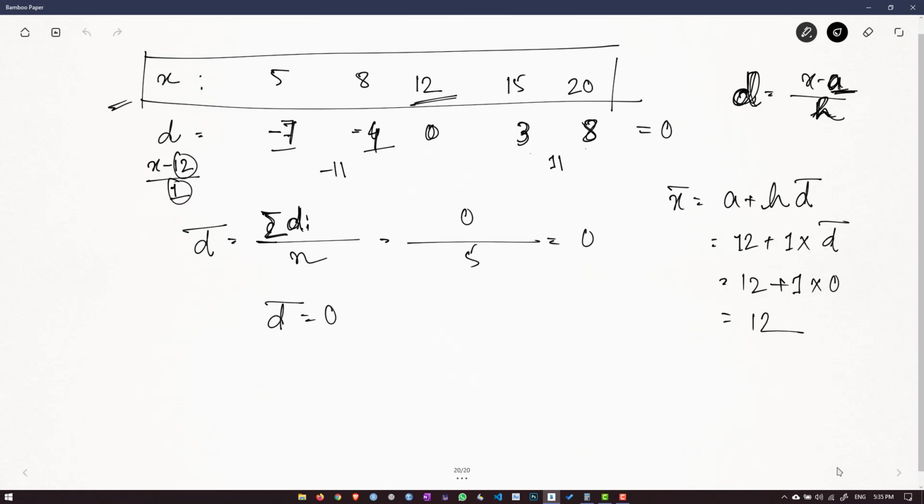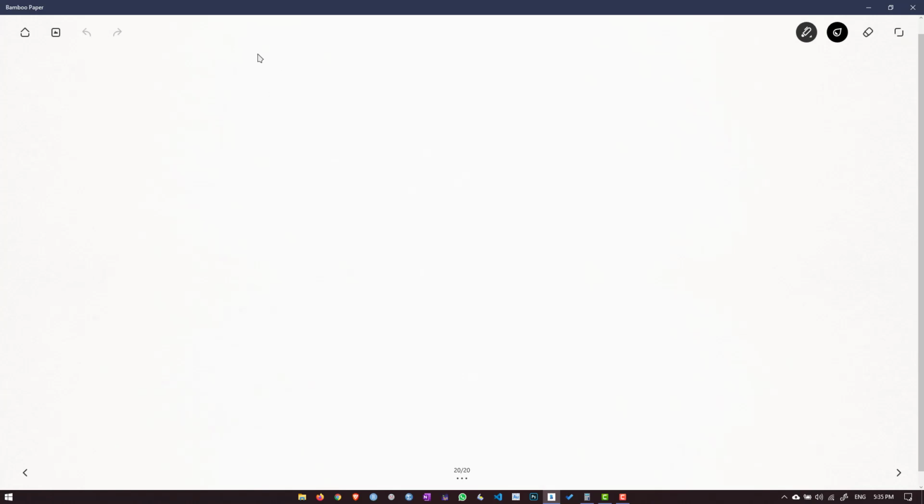Now let's see what happens for a grouped data set. So this is our example number 2 for today, where we have x and frequency. The x values are 40, 45, 50, 55, 60 and 65.